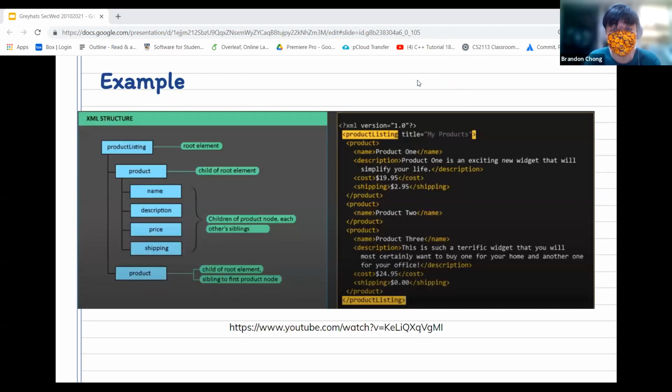So, for example, as you can see in this diagram, there are different parts of an XML structure. Firstly, you have your metadata, which is the first line in the XML file. I'm not sure if you can see my cursor, but I'm pointing out this <?xml version="1.0"?> line over here.